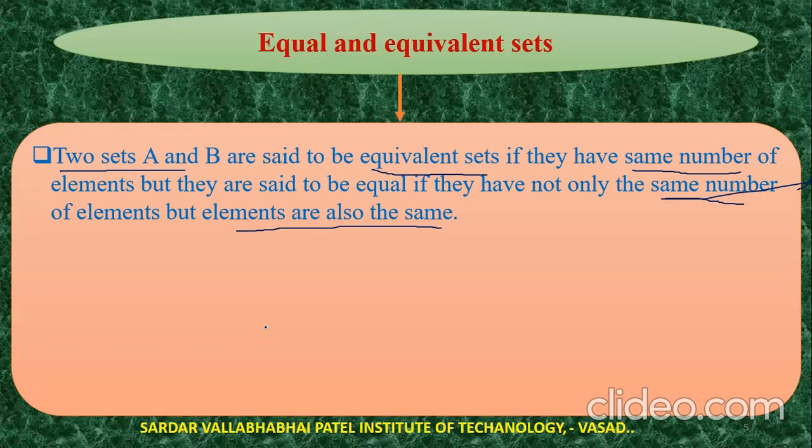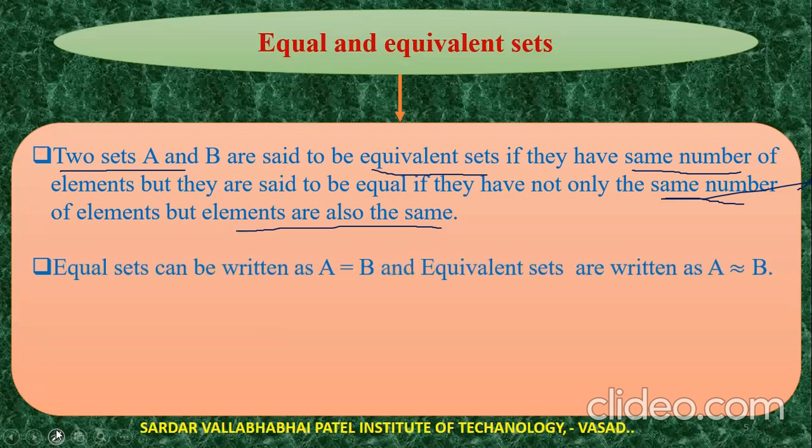So both sets are equal sets. For example, equal sets can be written A equals B, and equivalent sets can be written A equivalent to B. So this is the symbol of equivalent, and this, obviously, we know is equal.